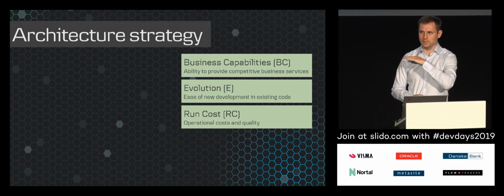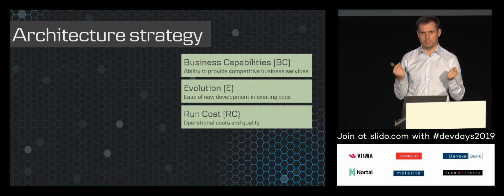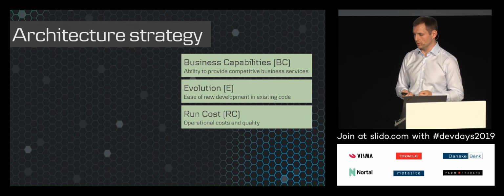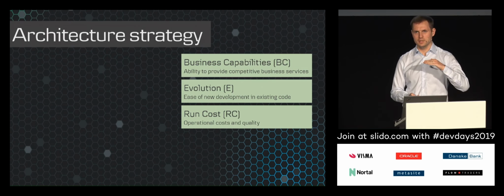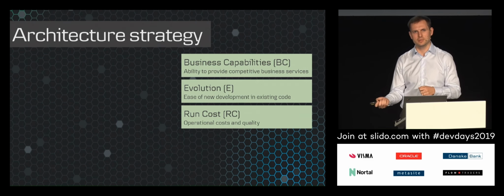Whenever you talk about software change, that costs time, money, people, efforts, emotions. So you want to pay attention to that. How do we make sure that our changes are easy and painless? Last one is run cost. If you don't have good evolution, of course, run cost will also suffer, with a bunch of shortcuts taken, and then you will spend more time in operations of software than development.